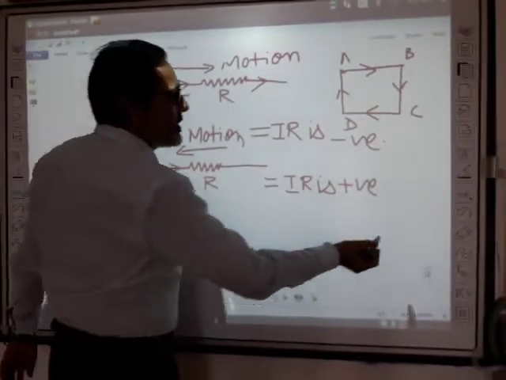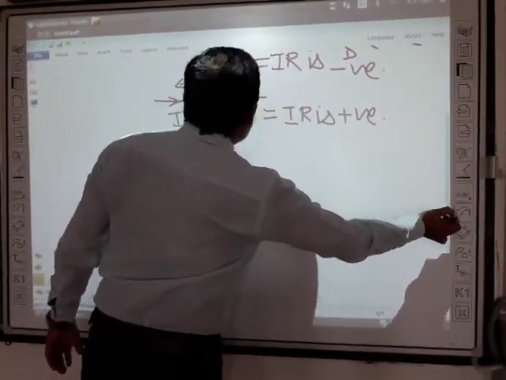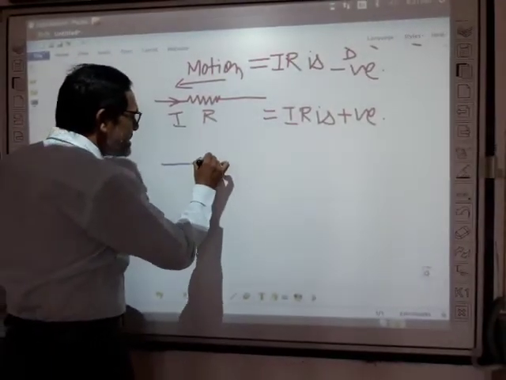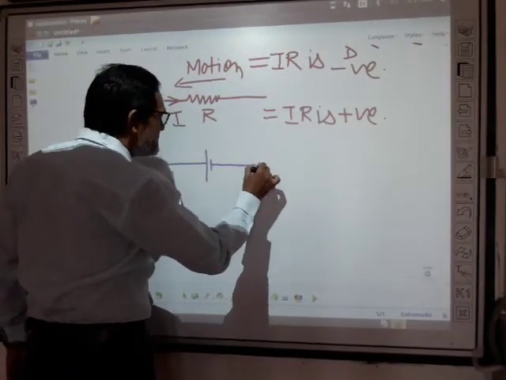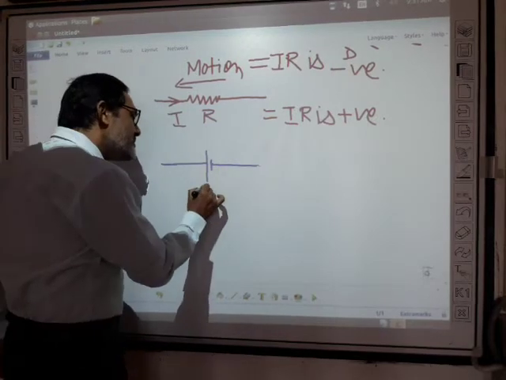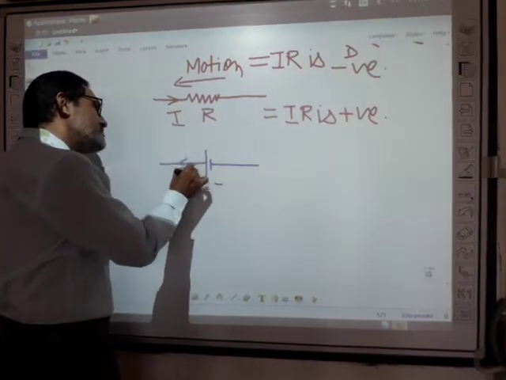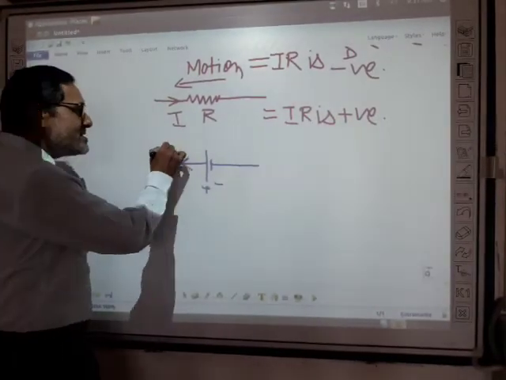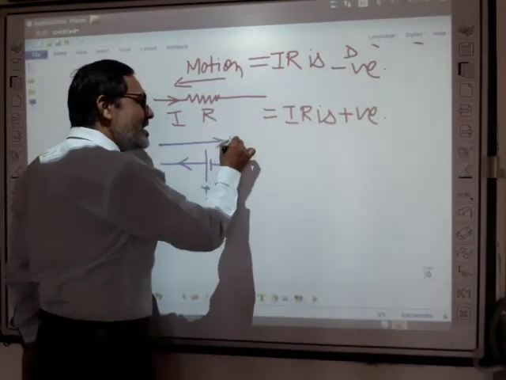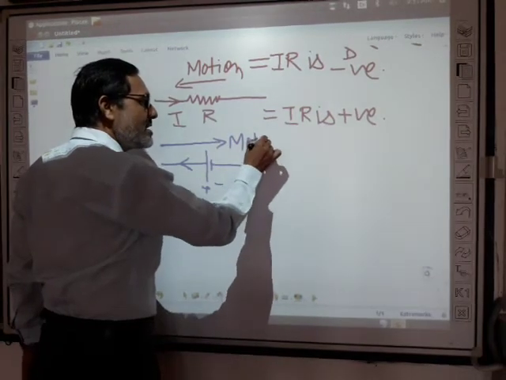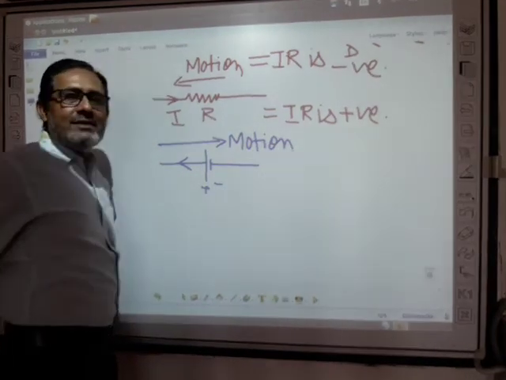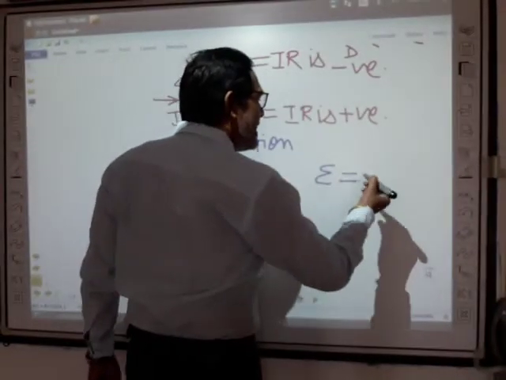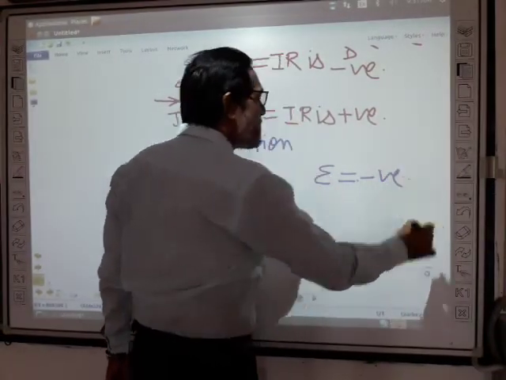Now, come to the next point. Suppose the cell is also connected, and all of you know the direction of current is positive to negative, but our motion is according to this. So the EMF of this is to be taken as negative.